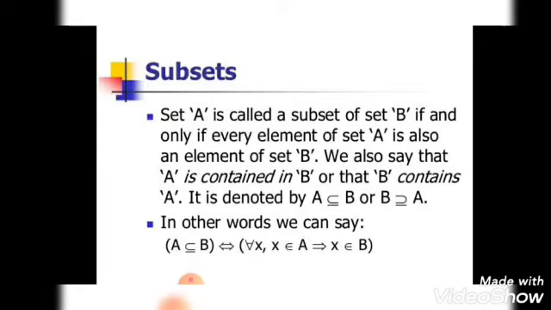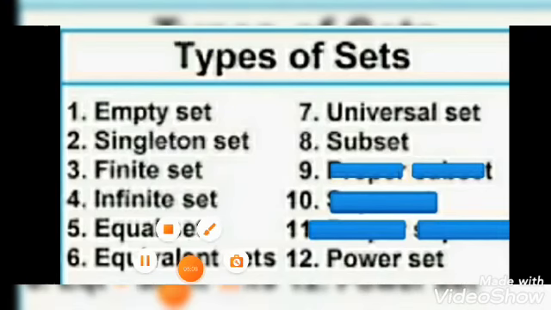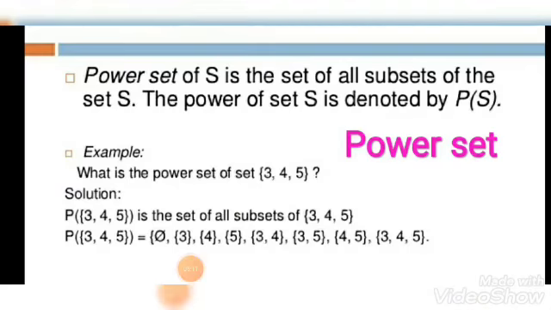Next type of set is power set. The definition of a power set is: the power set of S is the set of all subsets of the set S. The power set of S is denoted by P(S). Means if we take an example, set A is {3, 4, 5}. What are the subsets of {3, 4, 5}?